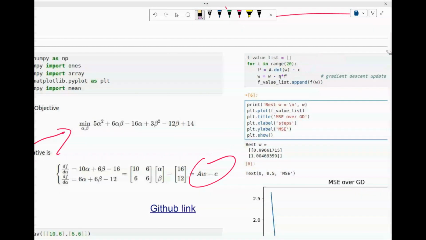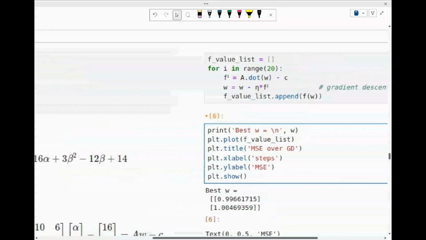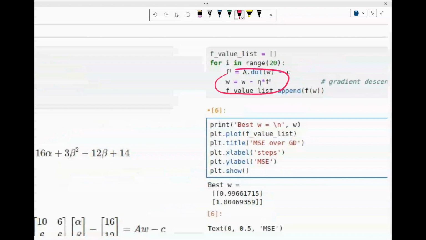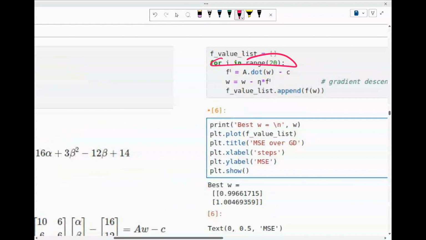Okay, after that, I then run the gradient descent. I take the current W position, subtract the step size times the gradient. So this was the gradient, and the gradient goes here. And I put that in a loop. I just do that over and over again. And every single time I do that, I calculate the existing value and append it to a list.